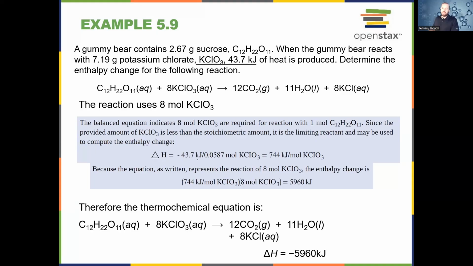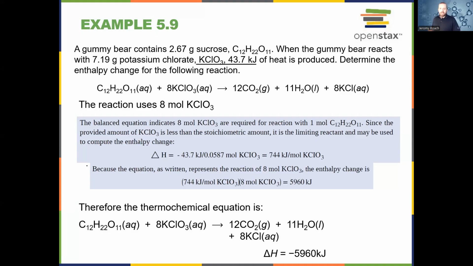But we found that we want to compare it with the moles of potassium chlorate. So this is not per 1 mole of potassium chlorate. This is per 0.0587 moles of potassium chlorate. So if we divide this, 43.7 divided by 0.0587, we get approximately 744 kilojoules per 1 mole of potassium chlorate.